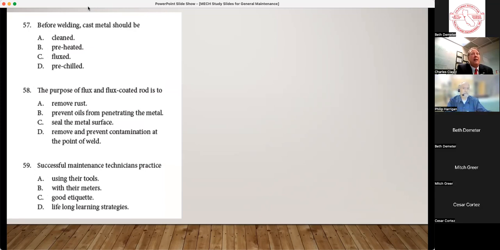Before welding, cast metal should be: clean, preheat, flux, or pre-chill. Question 58: the purpose for flux and flux coating on a rod is to remove rust, prevent oil from penetrating the metal, seal the metal surface, or remove the contaminants at the point of weld.